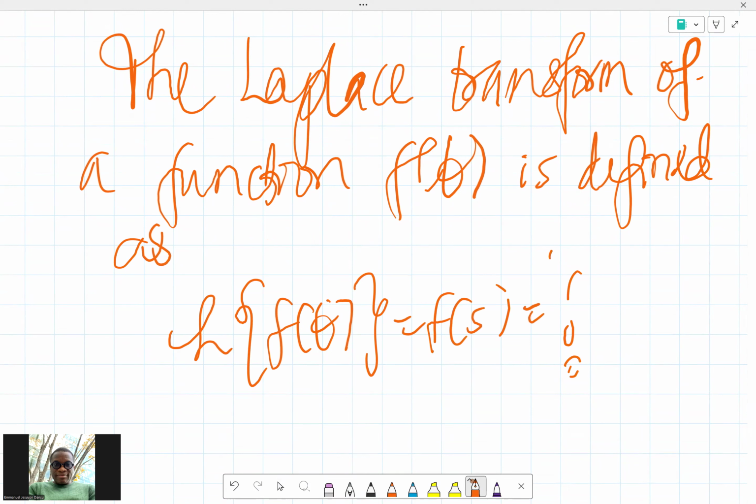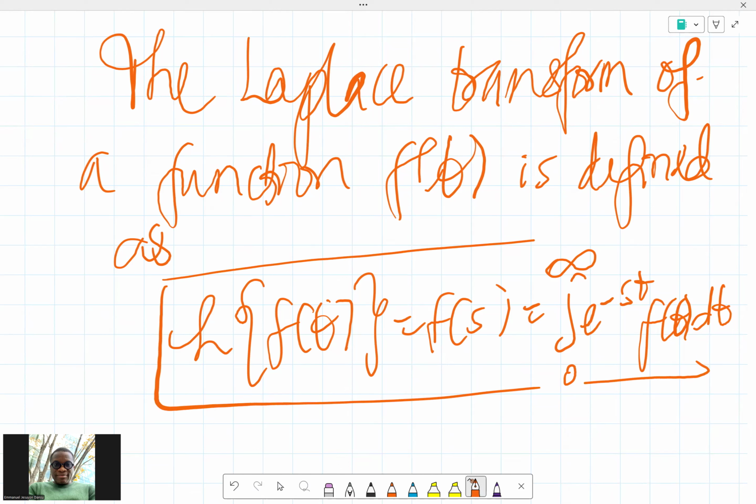That is the integral from 0 to infinity of e raised to minus st, f of t dt.